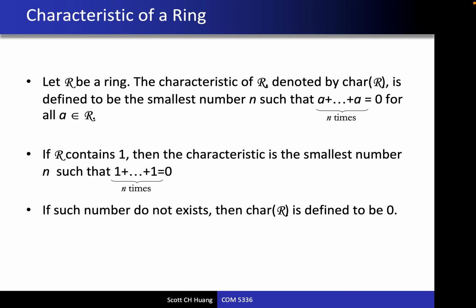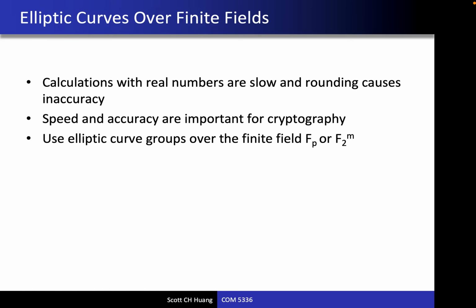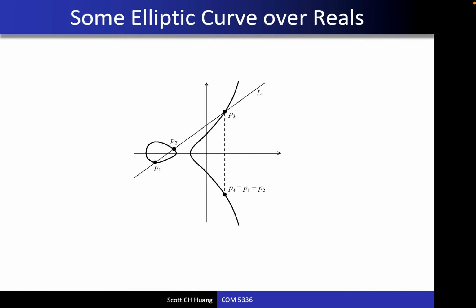By something weird, I mean characteristic 2, because we only use these two types of fields: prime field and binary field. The characteristic of this one is p. The characteristic of this one is 2. So you may think, well, what's the difference then? Let me tell you what the differences are.